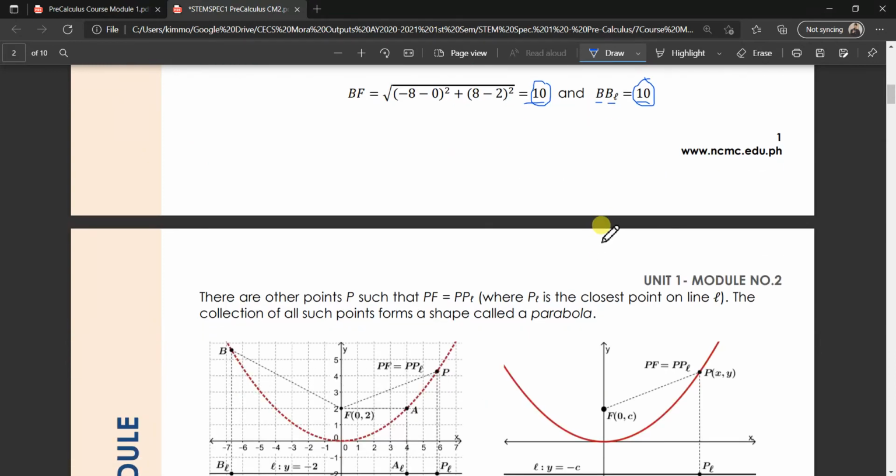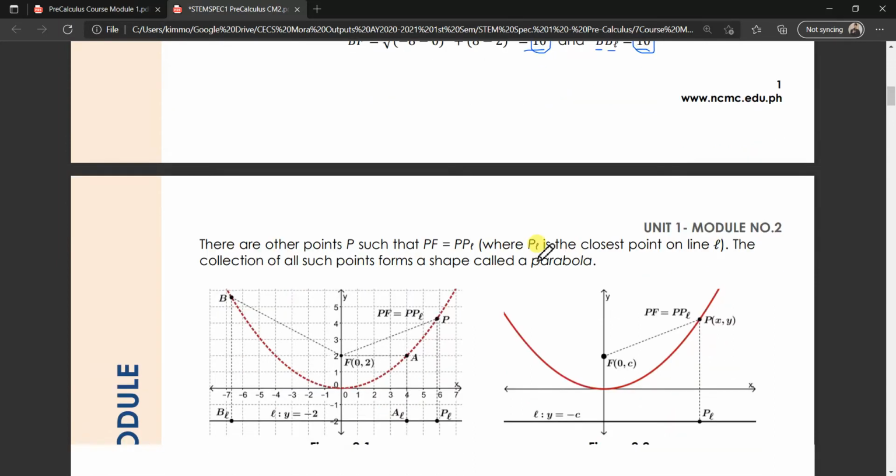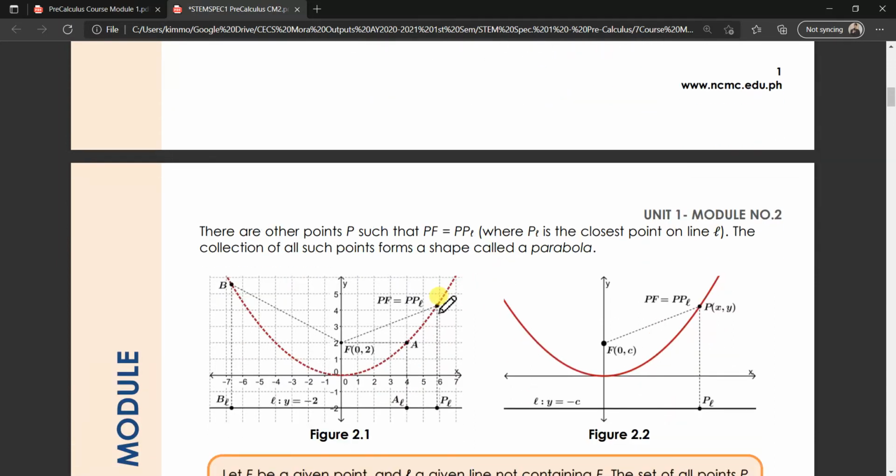So there are other points P such that P going to our F, where P here is any point on this curve, the distance from point P going to our F, or our focus, is equal to the distance from our P going to our line, where PL, the point on our line, is the closest point on our line.